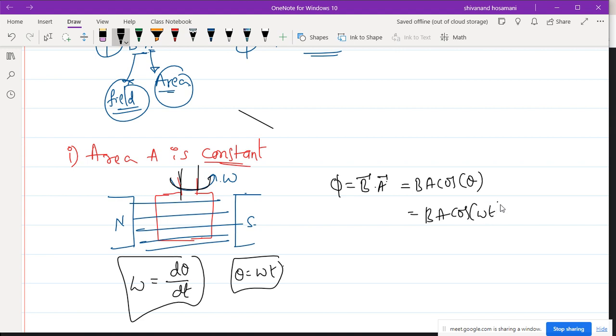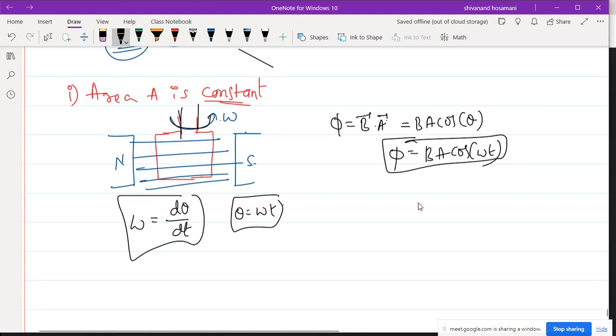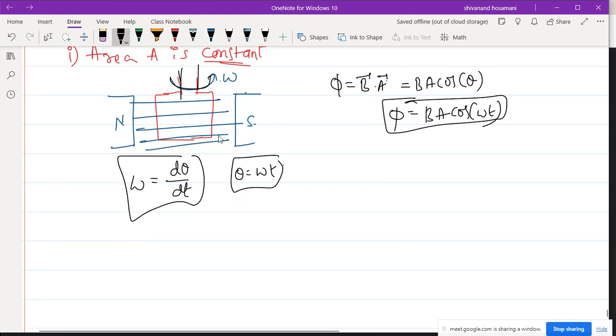That is the flux. So how do you calculate the EMF induced in this coil due to its rotation in the uniform magnetic field? EMF is equal to minus d phi by dt. Therefore EMF is equal to minus d by dt of B into A into cos omega t.